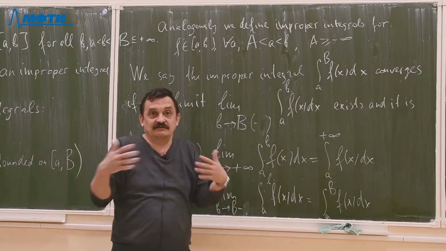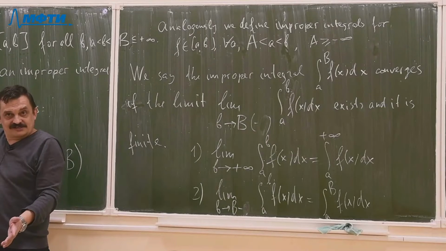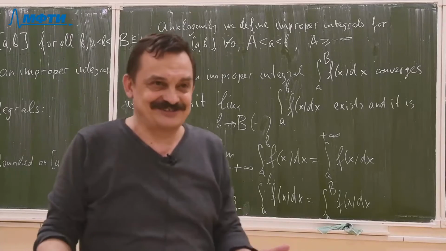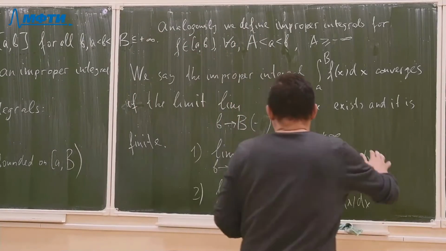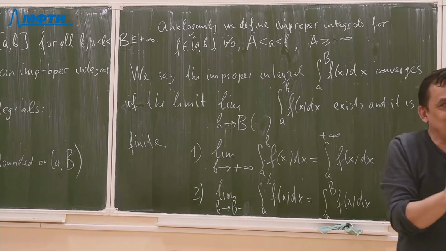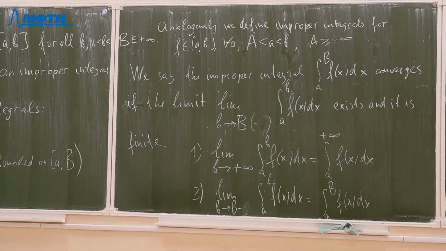If not, then it doesn't exist, right? But nevertheless, I wrote some symbol, right? But it doesn't exist. So it's a little bit strange. That is why I prefer to use the word converges. So you can write the integral even if such a limit doesn't exist. It means the integral diverges. So if it doesn't converge, then it diverges.